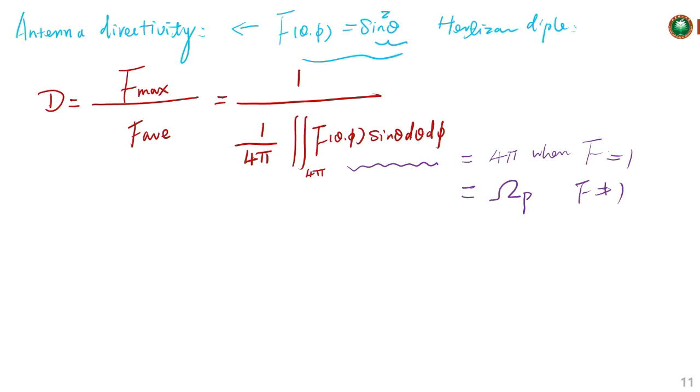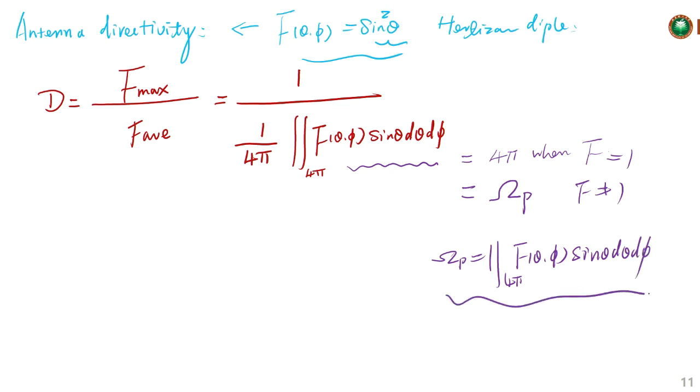So omega p can be expressed as the integral of f theta phi sin theta d theta d phi. Here, we just name this parameter. So this one can be expressed further as 4 pi or omega here.